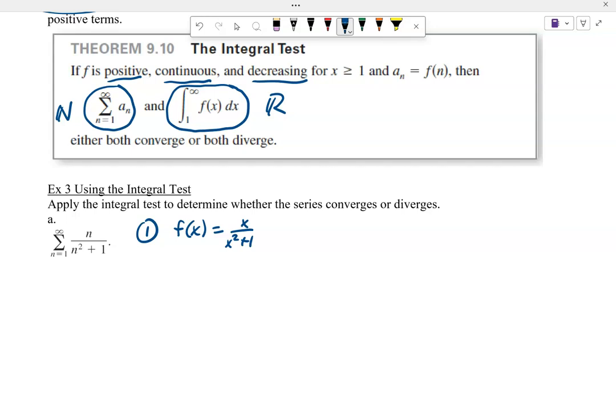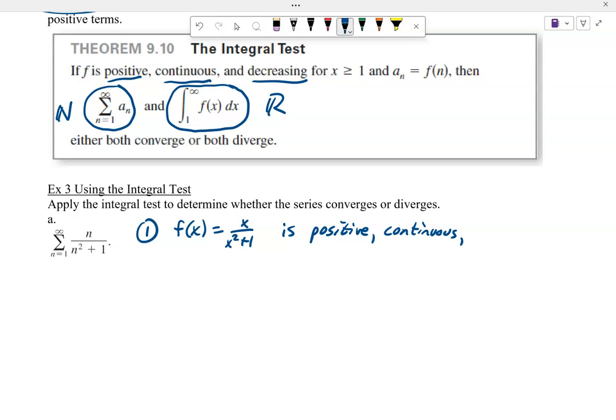Is it continuous? Are there no breaks in the domain from 1 on? Yeah, there's no breaks in the domain. So it's positive from 1 to infinity. Continuous? And is it decreasing?